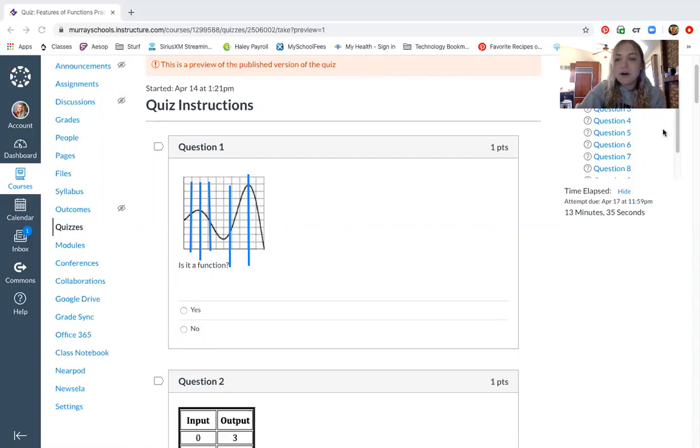Since I drew all of those vertical lines, I can see that they only crossed the graph at exactly 1 point each. So since these vertical lines only ever crossed at 1 point, this passes the vertical line test. So when it asks, is it a function? My answer is yes, this is a function because it passes the vertical line test.